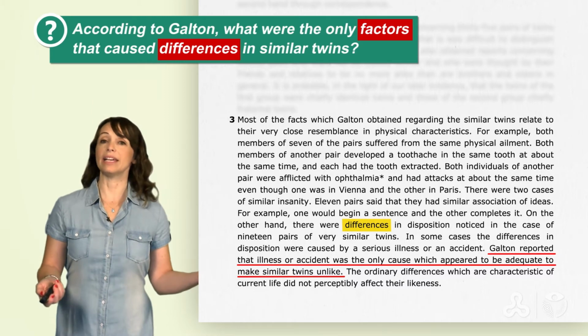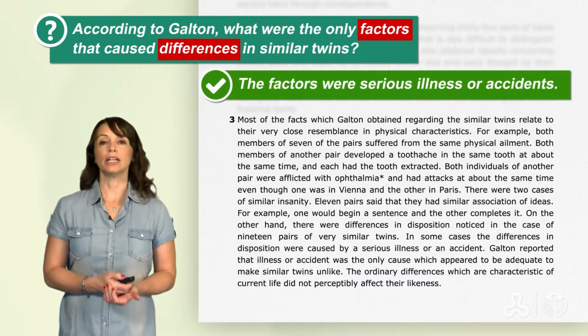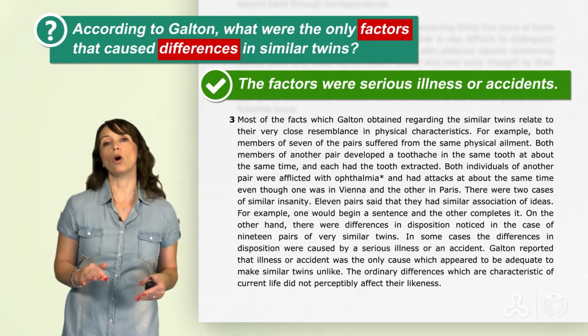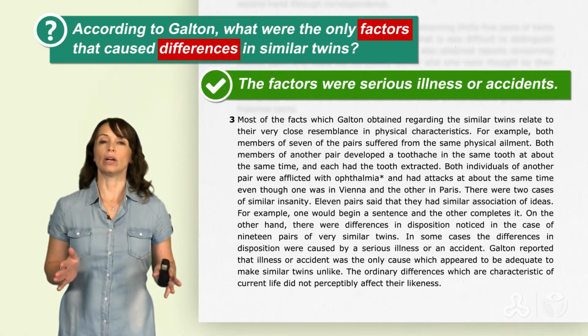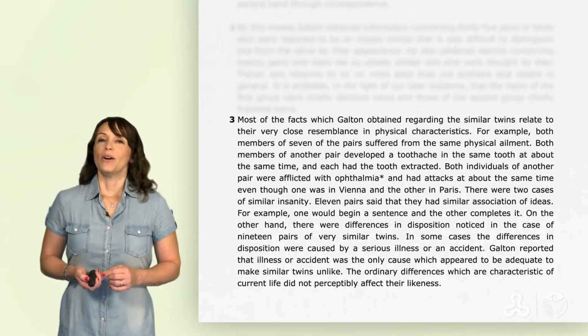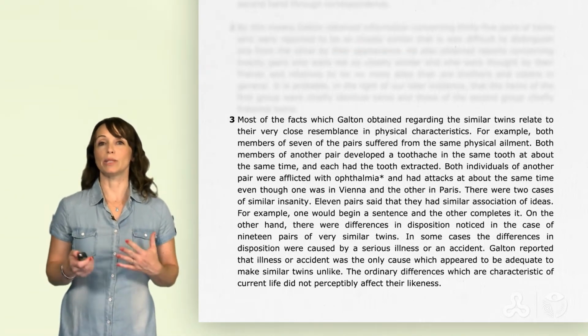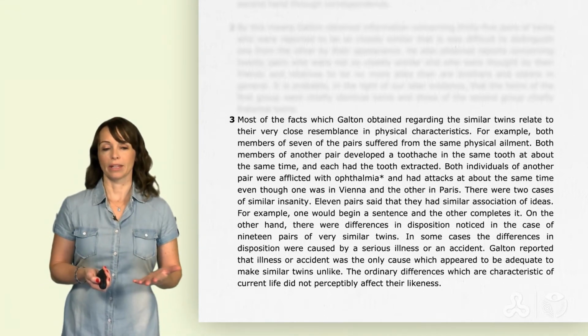So we can summarize the answer and say the factors were serious illness or accidents. Serious illnesses or accidents were the only factors that could cause differences between identical twins.